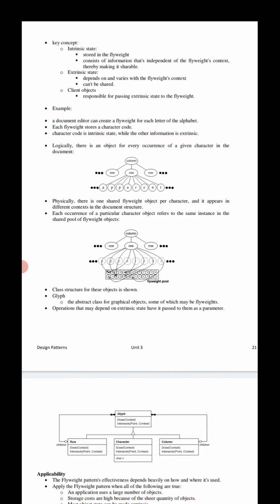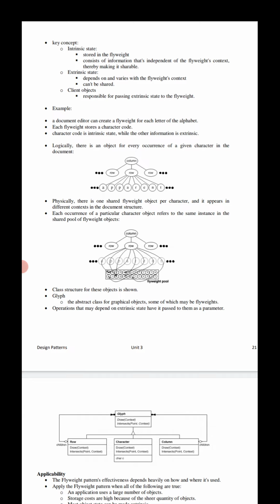Here look at this diagram. Physically, however, there is one shared flyweight object per character, and it appears in different contexts in the document structure. So each occurrence of a particular character object refers to the same instance in the shared pool of flyweight objects.